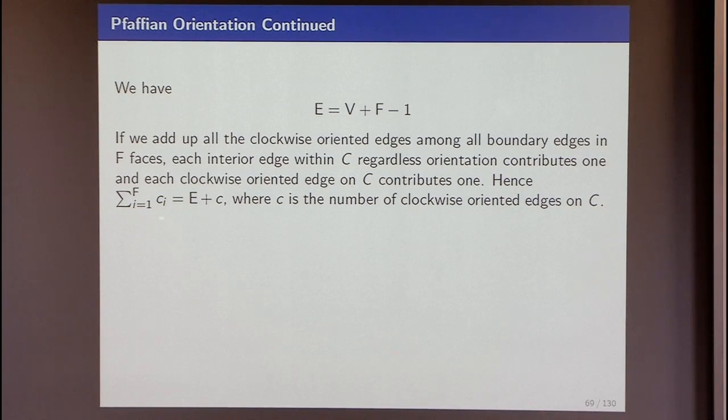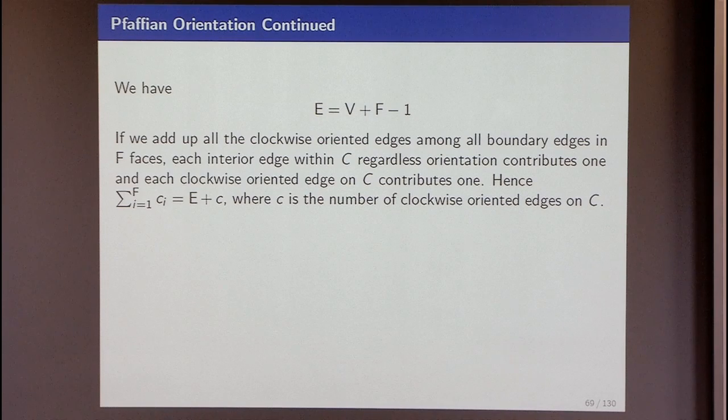And we had this sum to be congruent to F. And this thing says that every edge inside, as well as on the surface, clockwise edges contributes exactly 1 to this count. This is the number of edges inside. It contributes exactly 1 whenever you sum for all the internal faces the clockwise edges.